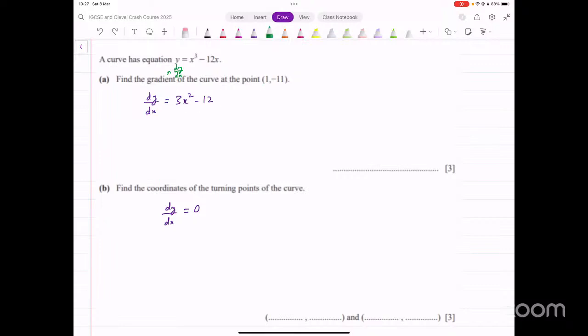What you can do is input x equal to 1, using that point, and that will give you the gradient at that particular point for the curve. 3 into 1 squared minus 12, and that gives you minus 9. This is the gradient that we are looking for. That's the gradient of the curve at this particular point. All right, let's move on.